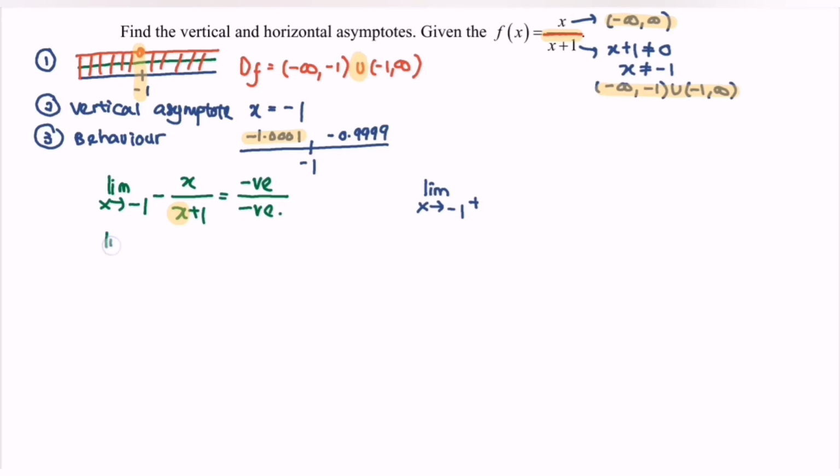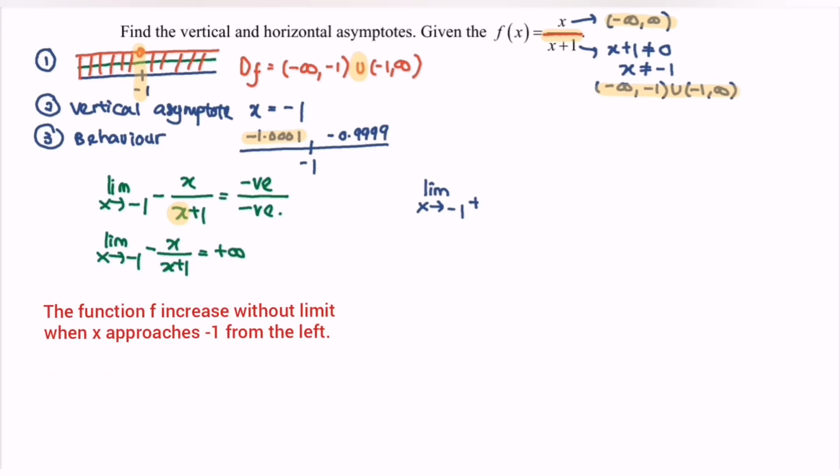So the limit when x approaches negative 1 from the left for the function x over x plus 1 will be positive infinity, where the function f increases without limit as x approaches negative 1 from the left.